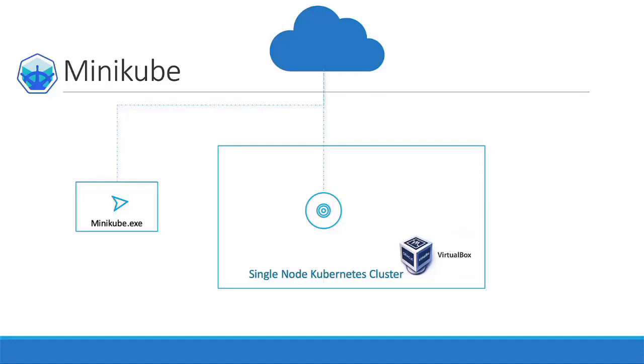For Windows, you could use VirtualBox or Hyper-V, and for Linux, you could use VirtualBox or KVM. And finally, to interact with the Kubernetes cluster, you must have the kubectl Kubernetes command line tool also installed on your machine. So you need three things to get this working. You must have a hypervisor installed, the kubectl utility installed, and the Minikube executable installed on your system.